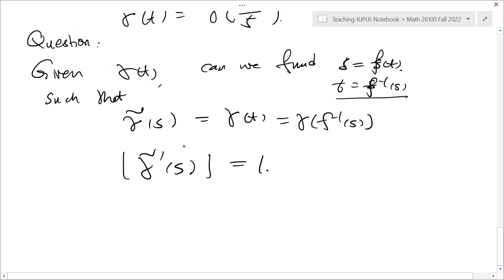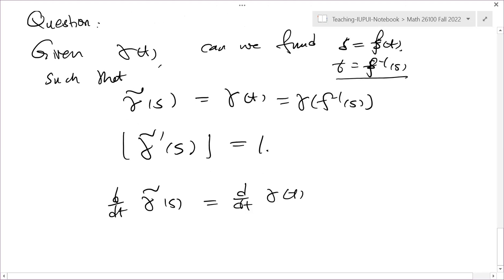Then I get a vector-valued function in s, and it must have this property. What I'm going to do is differentiate both sides with respect to t. On the right-hand side, s is a function of t.